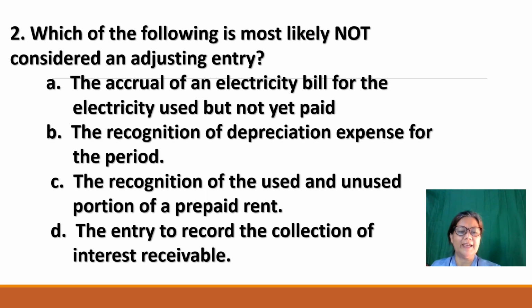Letter C. The recognition of the use and unused portion of a prepaid rent. Letter D. The entry to record the collection of interest receivable. Write your answer in number 2.